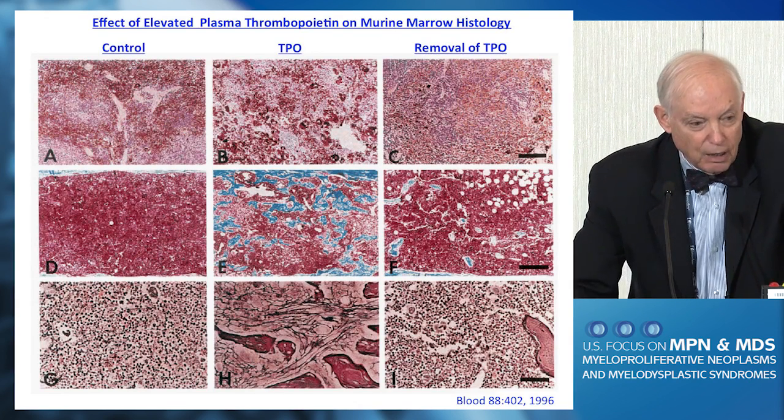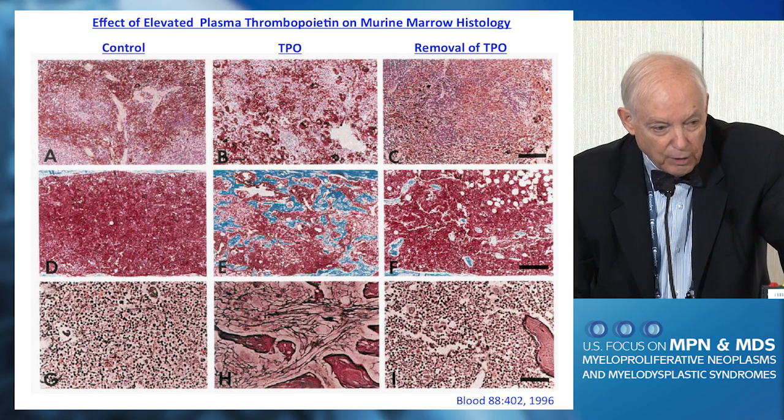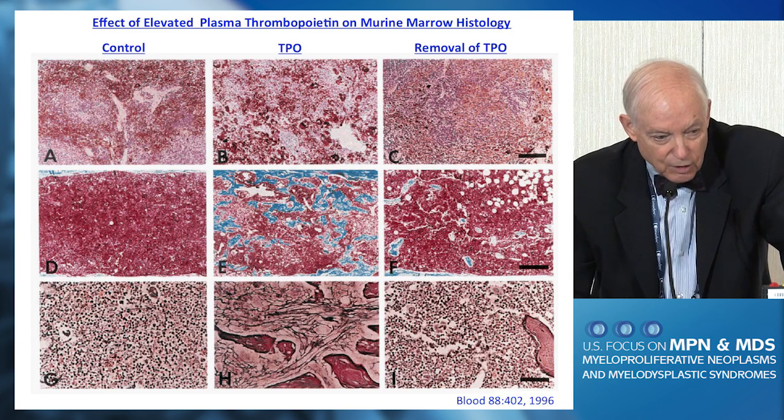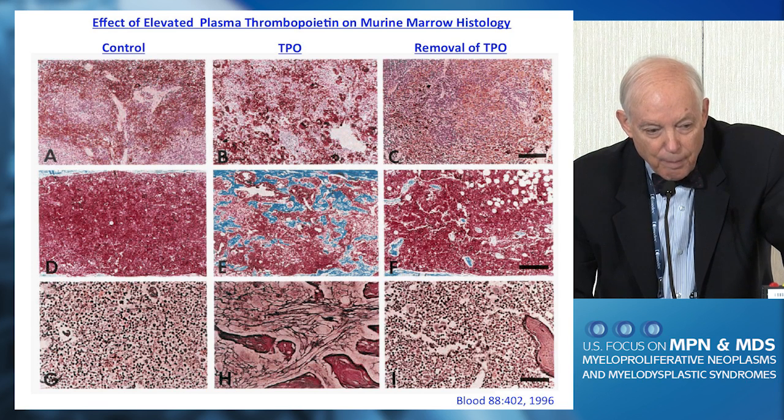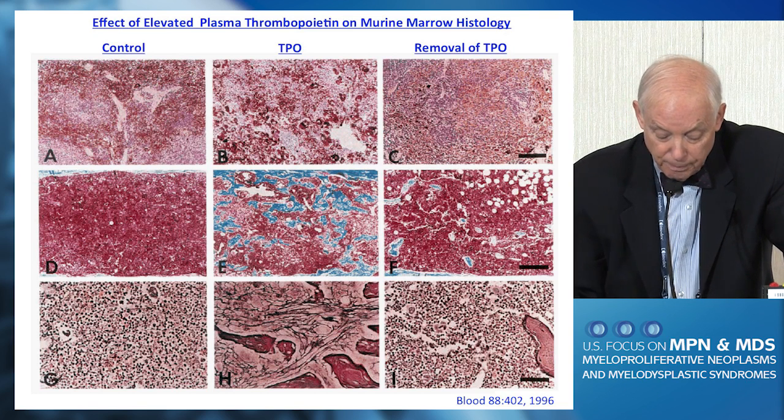So this is a model of a mouse with overproduction of thrombopoietin, and here's the normal mouse histology. And here, there's hyperplasia in the marrow and increased megakaryocytes. There's increased fibrosis, and there is increased reticulum. If you transplant the mouse, everything goes away.